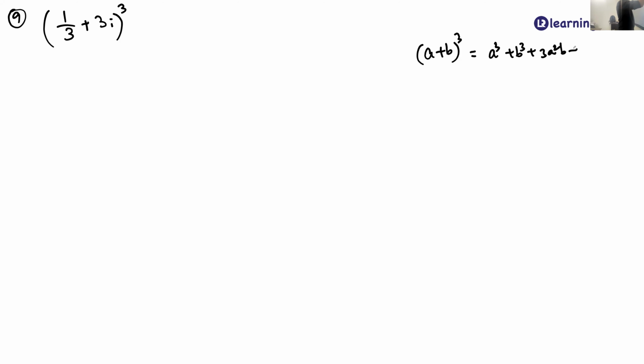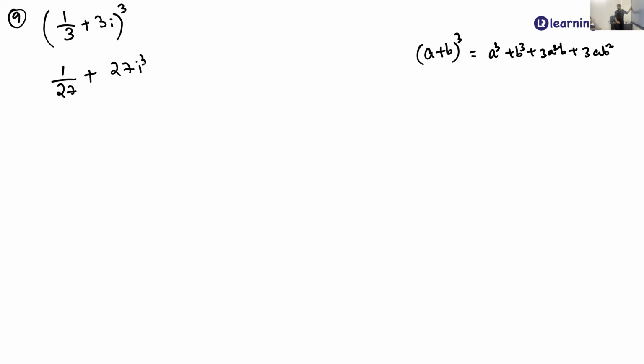The ninth question is 1 by 3 plus 3i the whole cube. So a plus b the whole cube is equal to a cube plus b cube plus 3a square b plus 3ab square. a cube, 1 by 3 the whole cube, that is 1 by 27, plus 3i the whole cube. 3 cube is 27 into i cube.